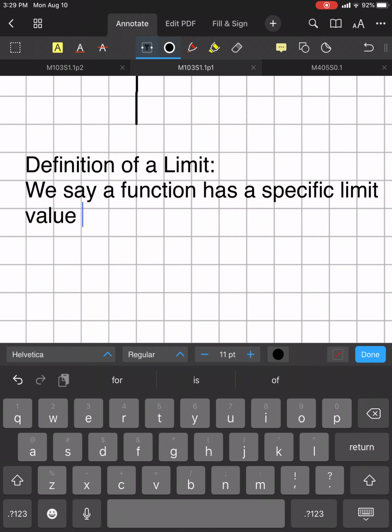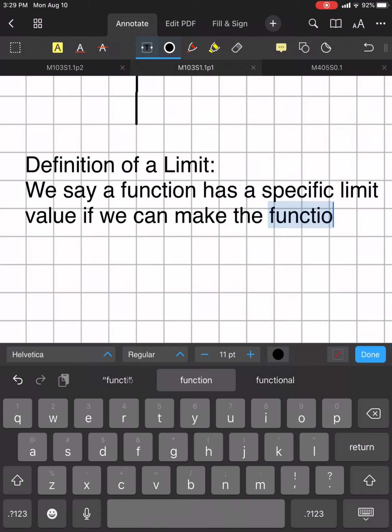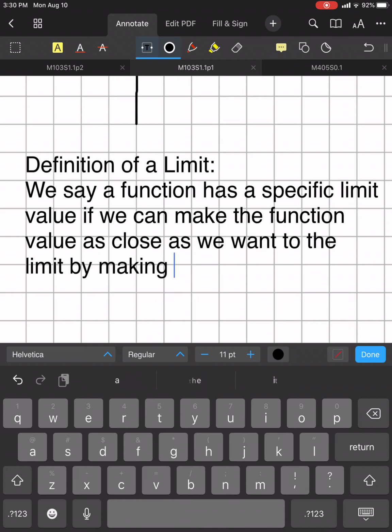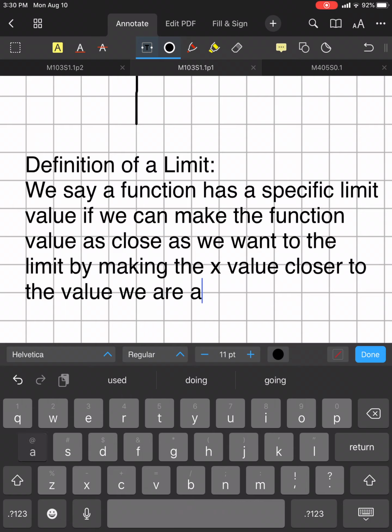Value. If we can make the function value as close as we want to the limit by making the x value closer to the value we are approaching.